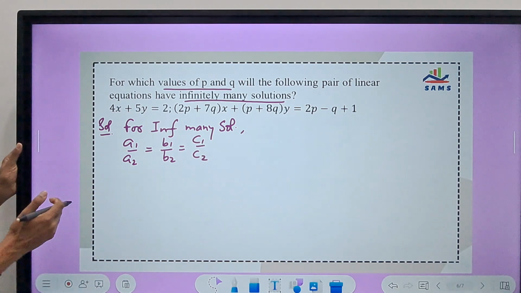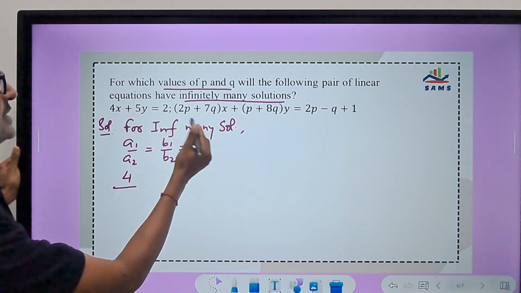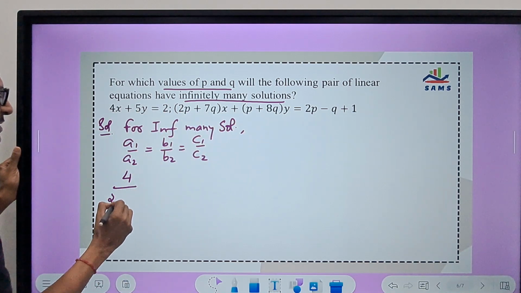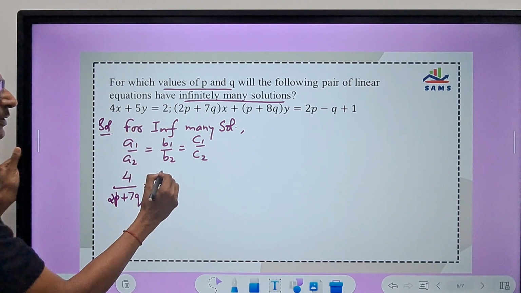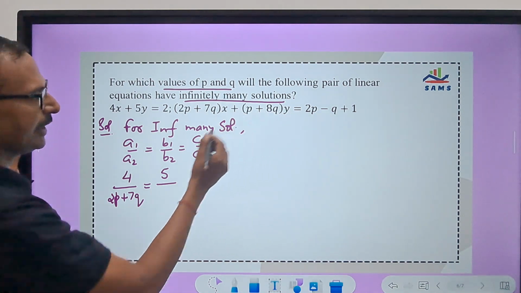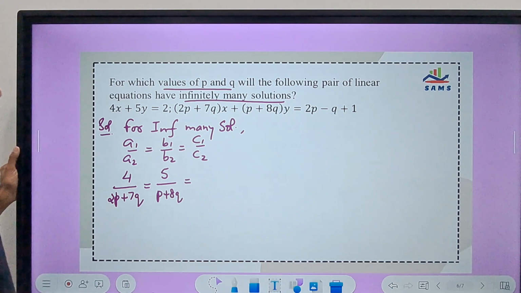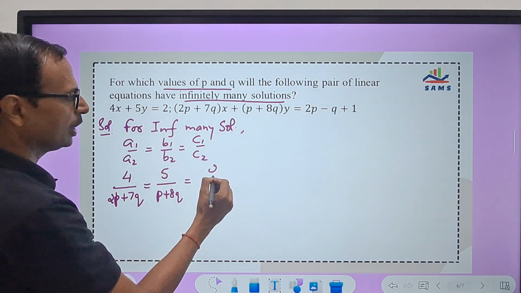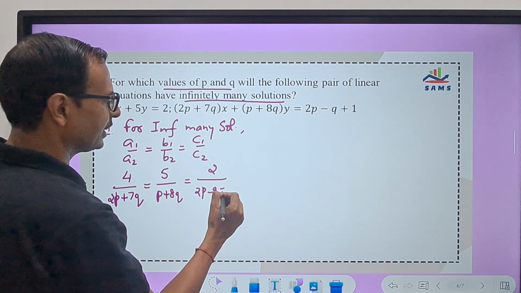Let's put the values here now. 4 upon the second one, 2p plus 7q, equals 5 upon the value of the coefficient of y, p plus 8q, equals 2 upon the constant term 2p minus q plus 1.